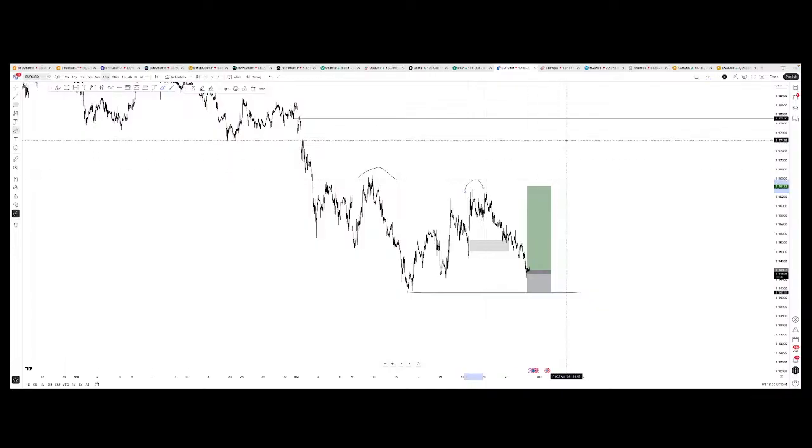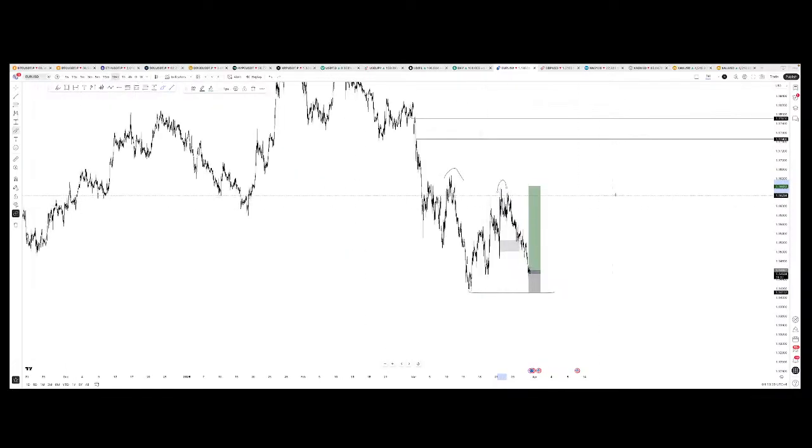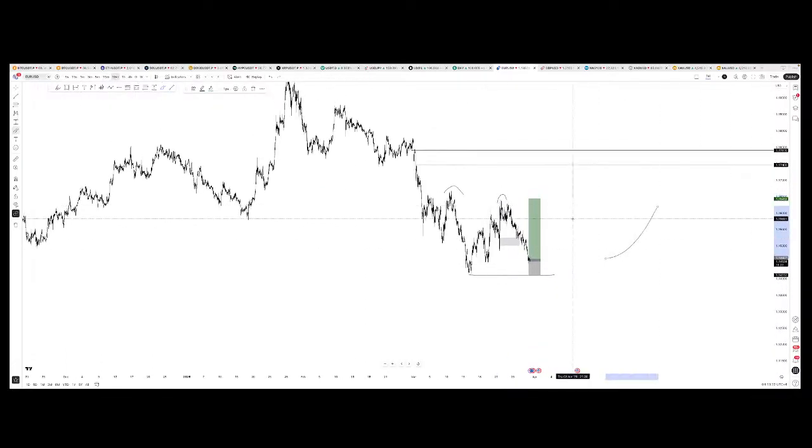There is an FVG that needs to be filled if you want to continue towards down. Let's go on a higher time frame for a better view. This is what I was expecting on EURUSD. We pump from here towards 1.17, and then we get a bearish structure and we drop back towards lows.